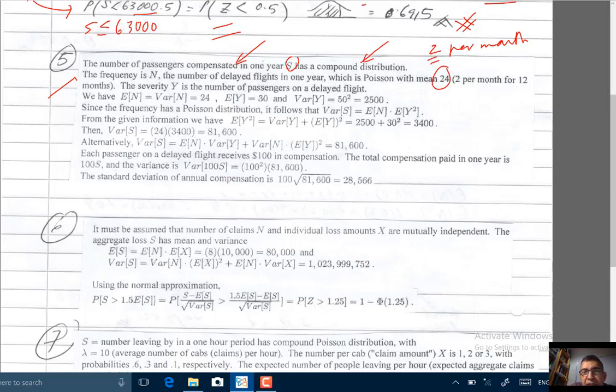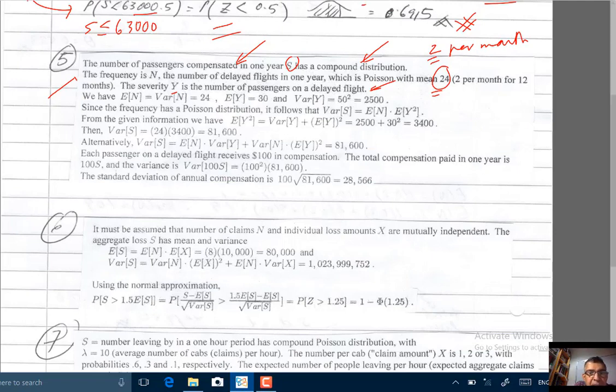So N, the number of delayed flights in 1 year, is Poisson with mean 24. Let's call Y the severity. The severity Y is the number of passengers on a delayed flight.